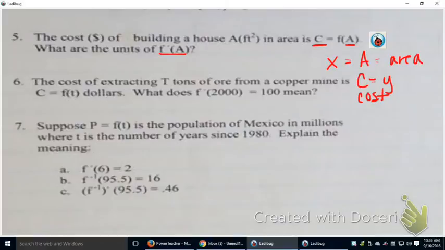So when we write the units for F prime of something, there is a prime again, then you think about what the units of Y are, and then you divide it by the units of X, which makes sense because on the other problems we said something per day or per hour, we were doing the Y per the X. So the Y units, we're talking about cost, so it's dollars. The X units are about the area, which is feet squared. So the units are dollars per foot squared.